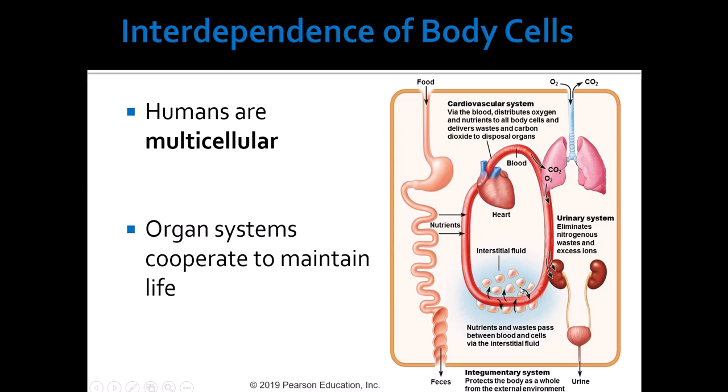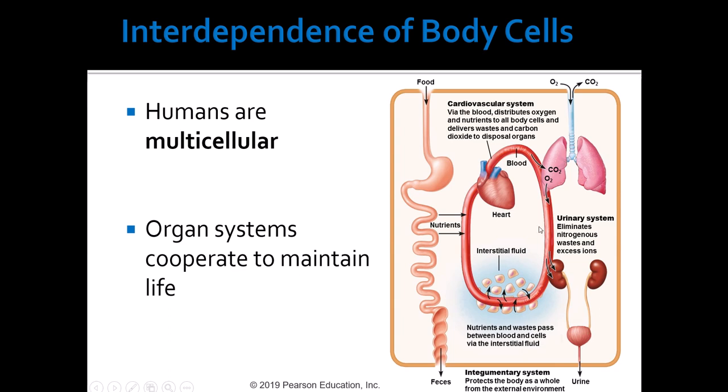So we need the lungs to take in the oxygen, the heart to pump the blood, which contains the oxygen, out to the tissues, which will use the oxygen, and in doing so, create some sort of waste product, which then has to be filtered out by the kidneys.